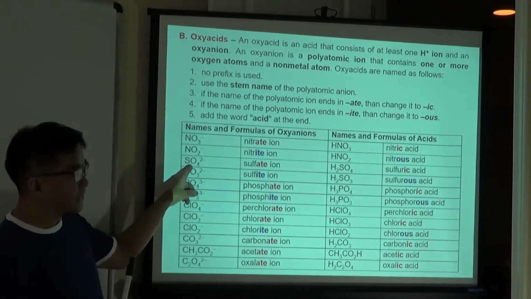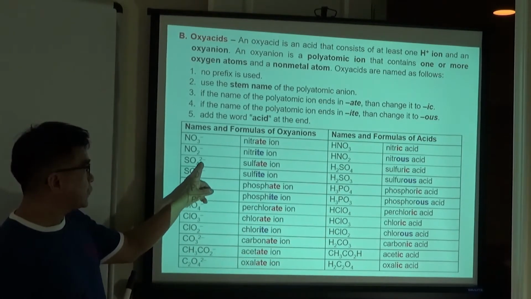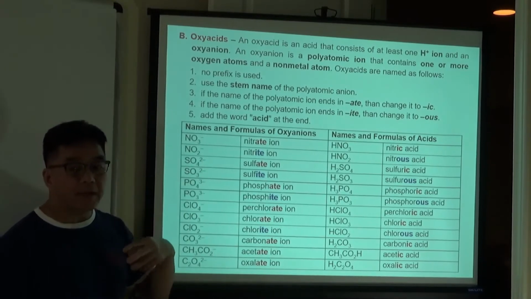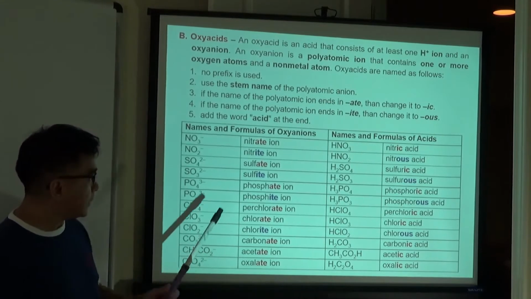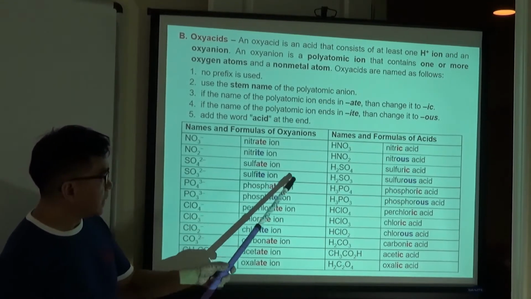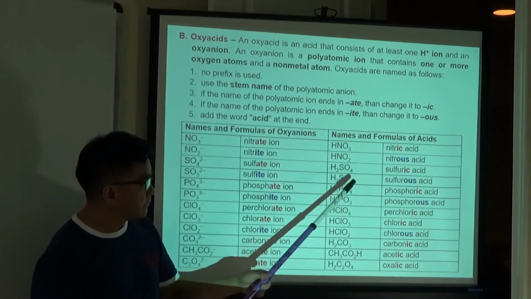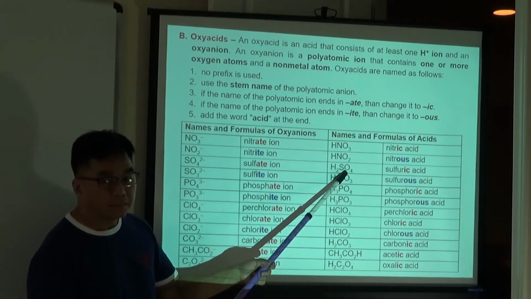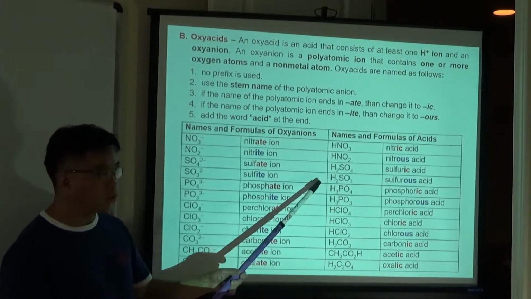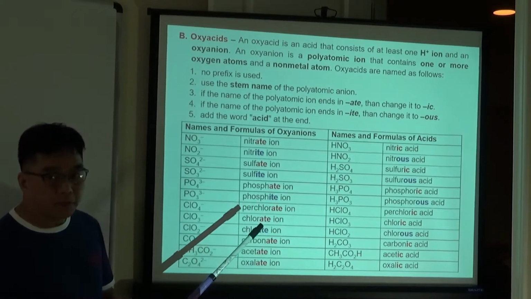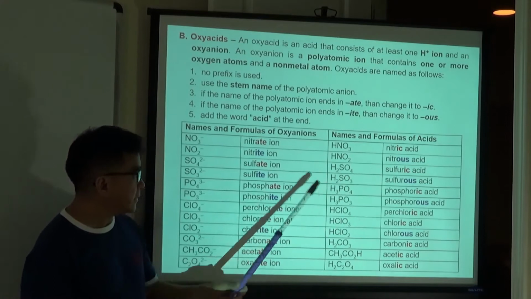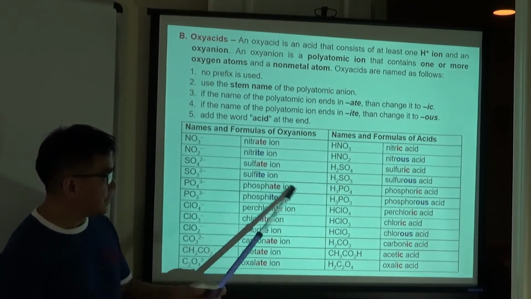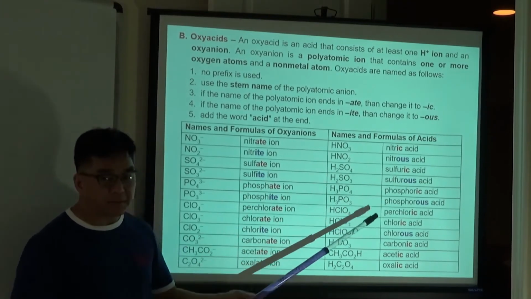Okay, so for example, sulfate has two negative charges, so it can take up to two hydrogen ions to become a neutral compound. So sulfate becomes sulfuric acid. So H2SO4. Okay, so two hydrogen ions. Again, you notice that the ATE ion becomes the ic acid and the ITE ion becomes the ous acid.